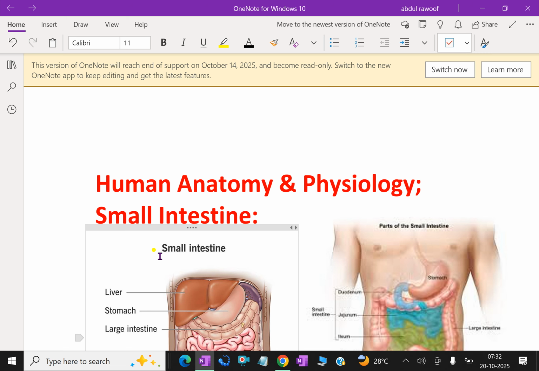Next, what is the blood supply? How is blood supplied to the small intestine? The superior mesenteric artery supplies the whole of the small intestine.